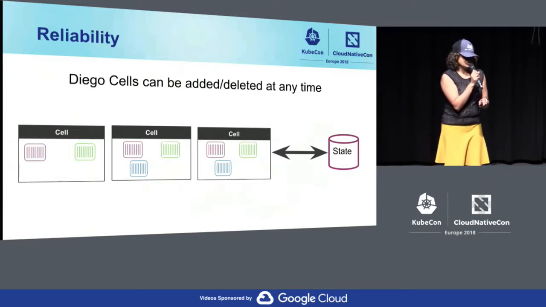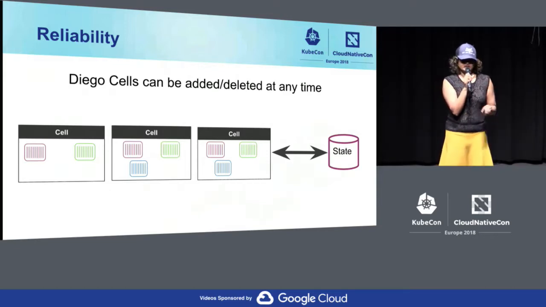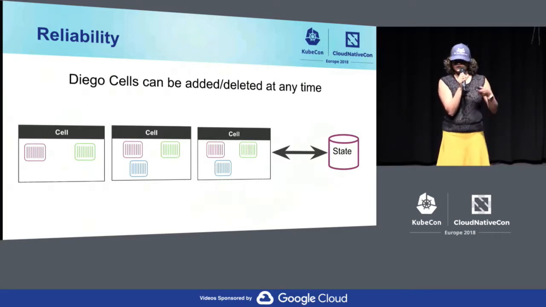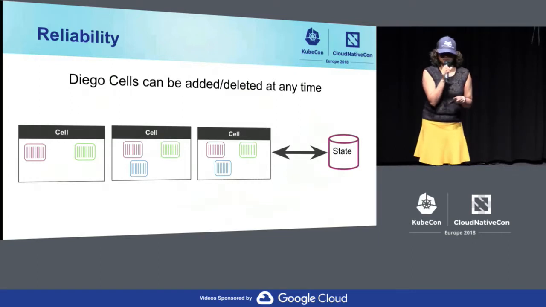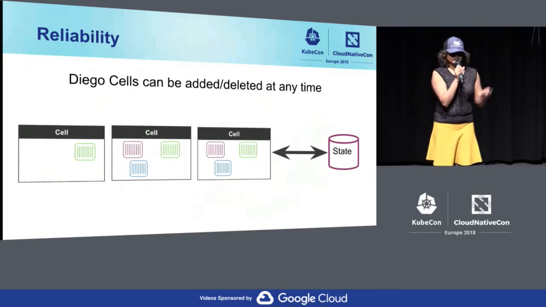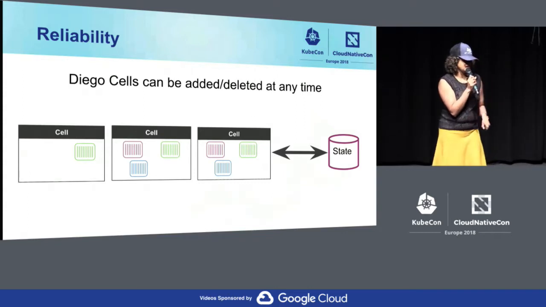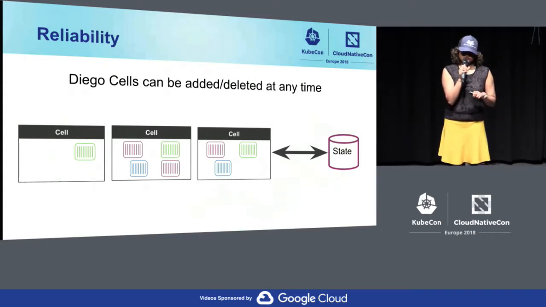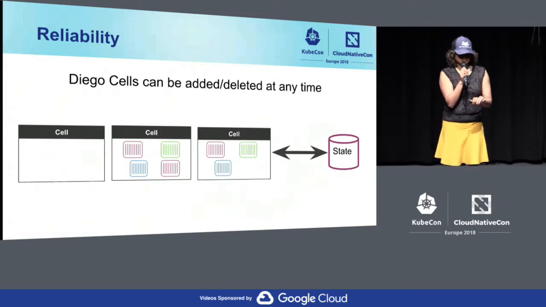The second thing is that your Diego cells that are running the containers themselves can be destroyed and recreated. And this is done by BOSH without any operator involvement. So when that happens, all your containers running on a cell are rescheduled to another cell. They're evacuated. And once you clear out all the containers, the cell is deleted.